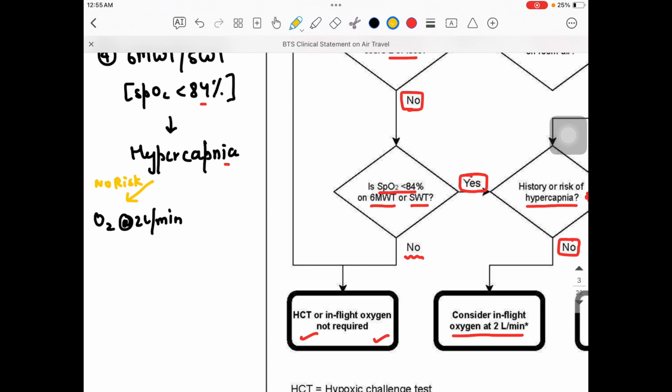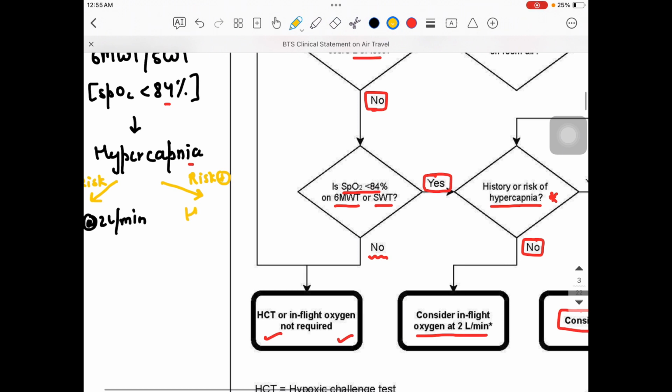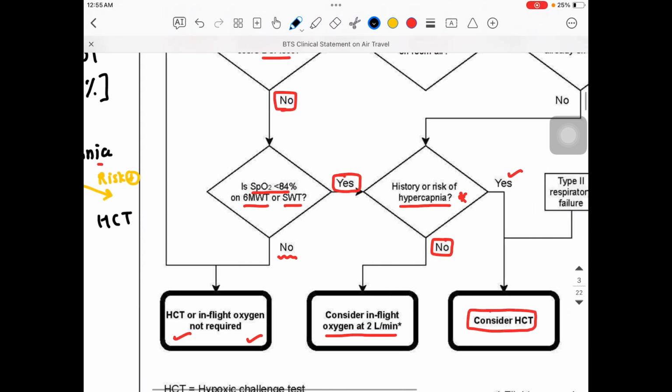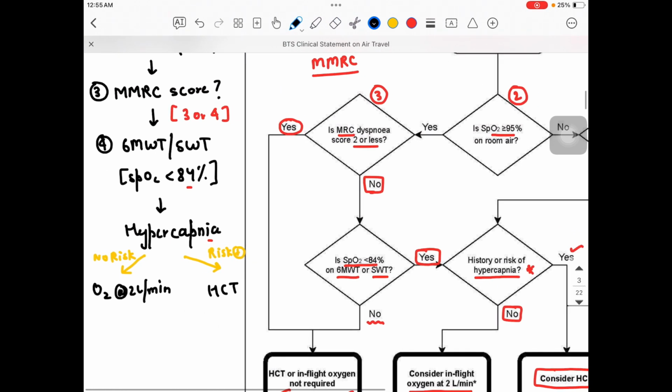The next scenario is that the person has the risk of hypercapnia; in that case we should consider the HCT, the hypoxic challenge testing, right? I hope everything is clear till now.